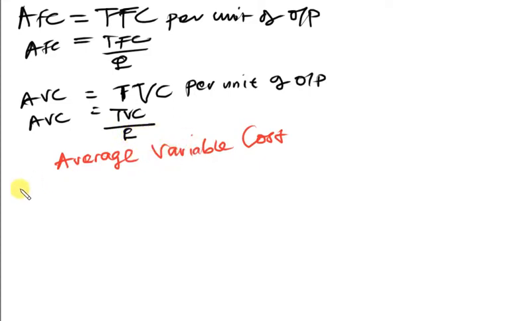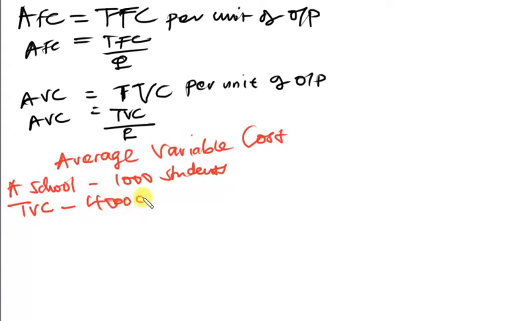For example, let's go back to our example. Let's say a school. If a school has 1,000 students, and that school's total variable costs, we are talking about costs incurred on labor, power, water, food, all those running costs, its total cost for all the students is 4 million Ugandan shillings.